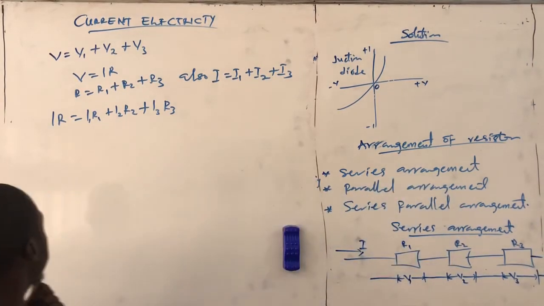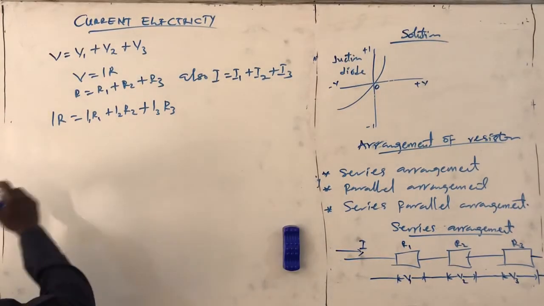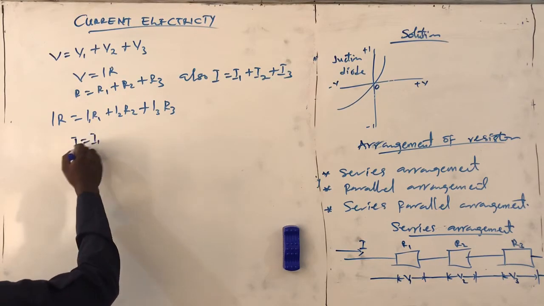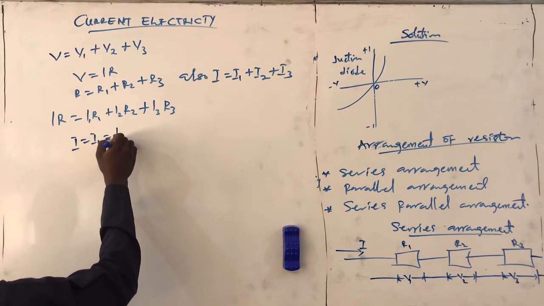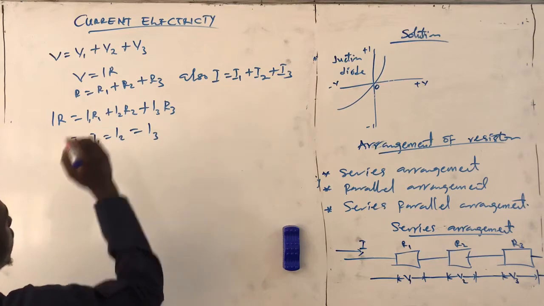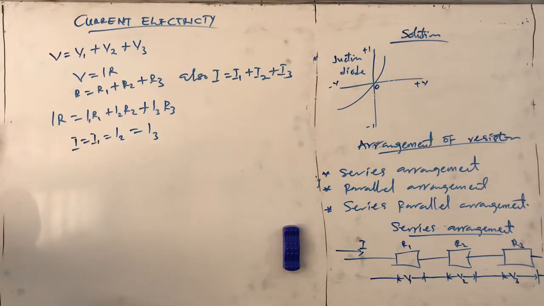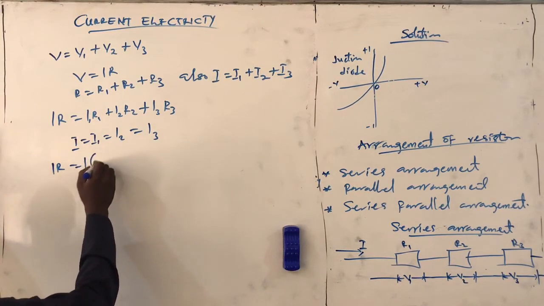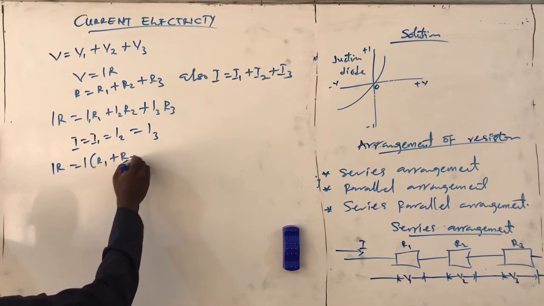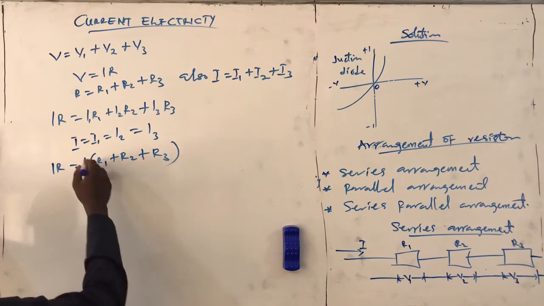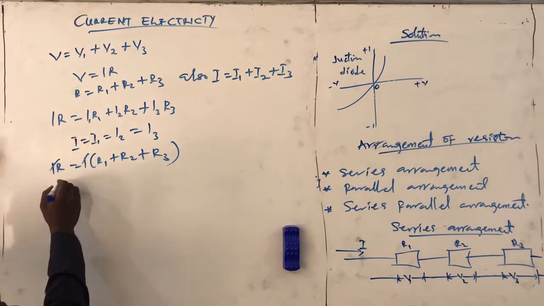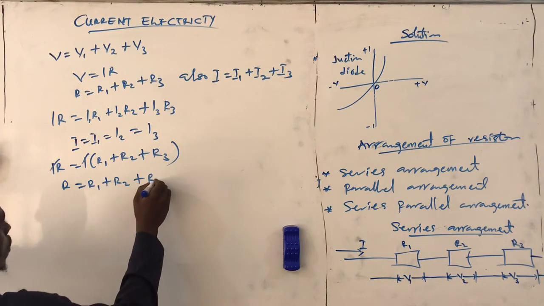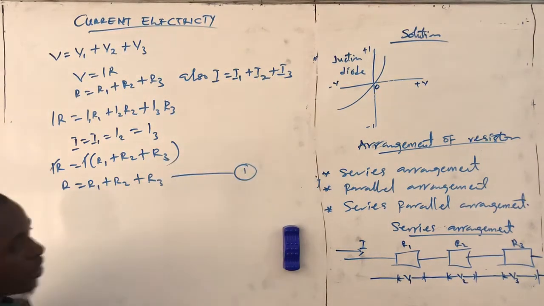Therefore, I is equal to I1, which is also equal to I2, which is equal to I3. So since the same current is passing through them, I can say IR is equal to I into R1 plus R2 plus R3. This I will cancel this I, then the resistor R will be equal to R1 plus R2 plus R3. Let's call this equation 1.